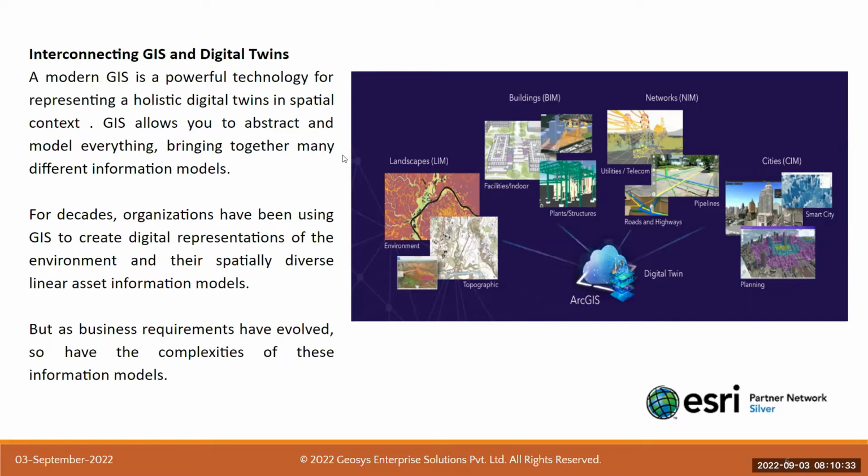As such, the business requirements have evolved, and there were lots of integrations with different technologies, tools, software, and everything. As such, a lot of complexities have been involved. So GIS is helping you to find a solution for all your problems.